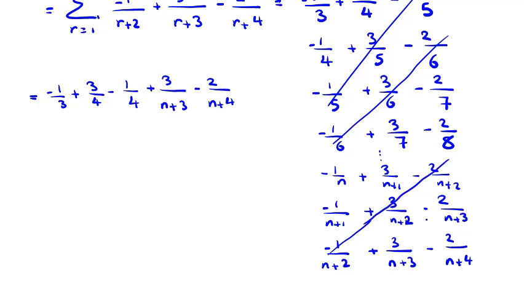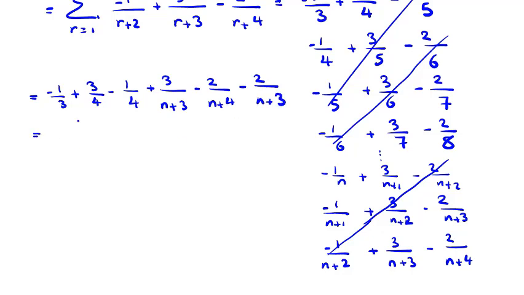They will be cancelled, and what is left is 3 over n plus 3, minus 2 over n plus 3, minus 2 over n plus 4.